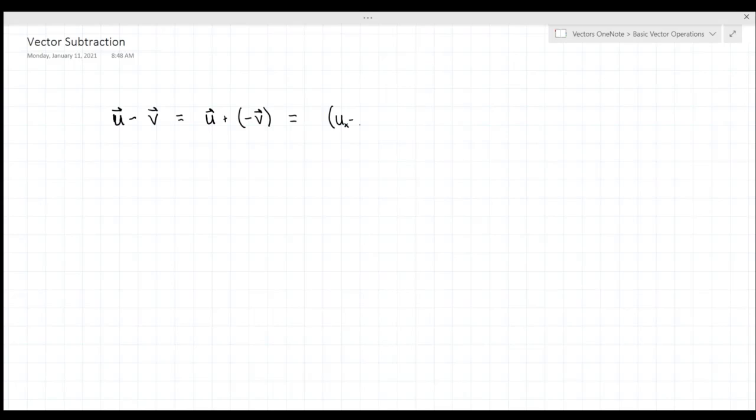But all you do is you subtract the components together to get the difference. But as I did with addition and scalar multiplication, I want to sort of visualize what's happening with vector subtraction. So vector subtraction has an application which I think is worth noting.